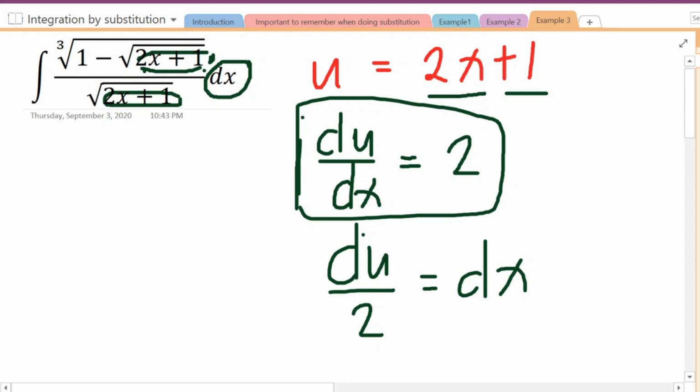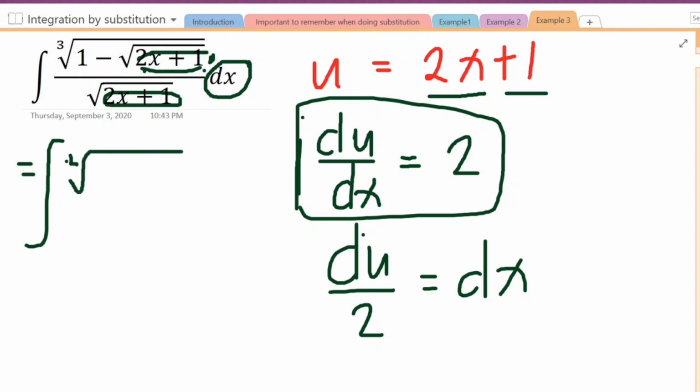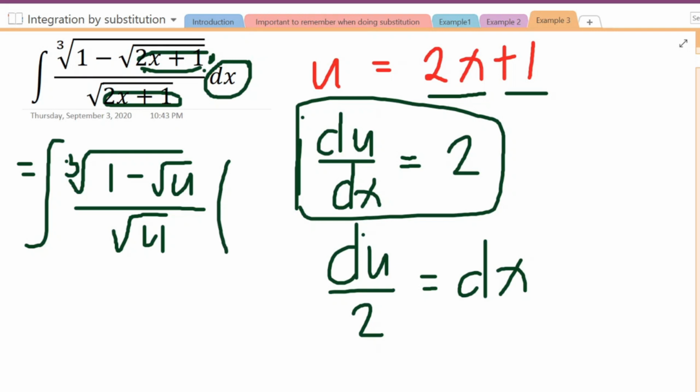We can now proceed writing our new integral as the integral of cube root of 1 minus square root of u, this is the variable that we introduced, over still square root of u, and the value for dx is du over 2.